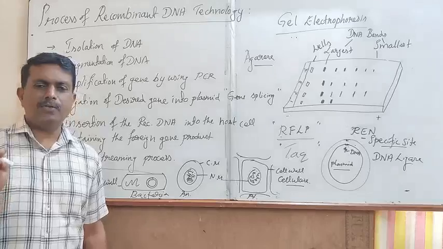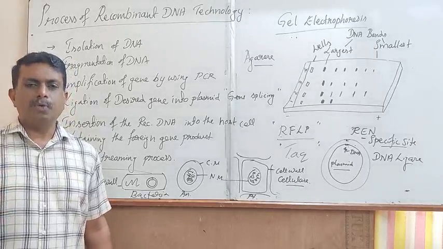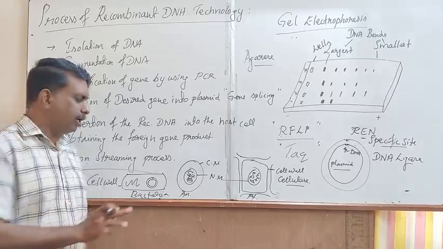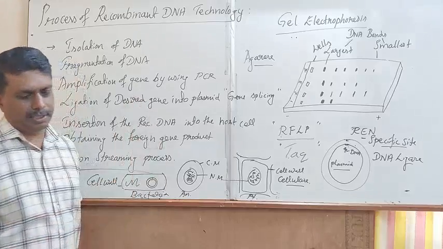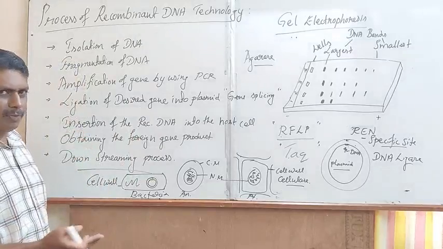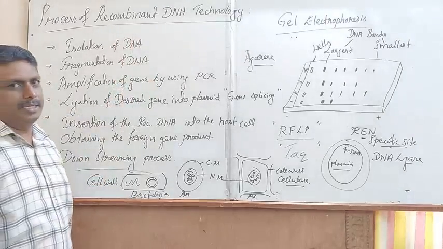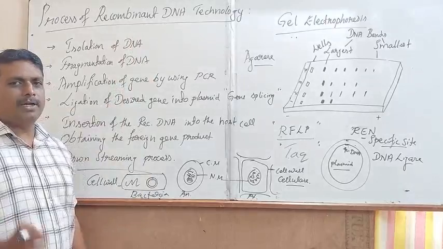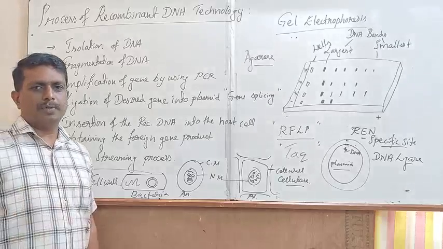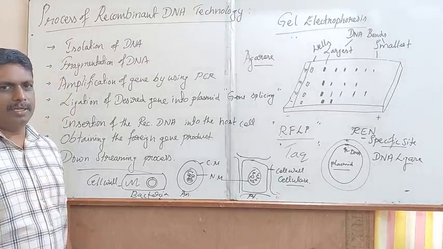The process of recovery of products from bioreactors obtained through recombinant DNA technique is called downstream processing. These are the seven important steps involved in the recombinant DNA technique. This is with reference to the main important steps involved in recombinant DNA technology.